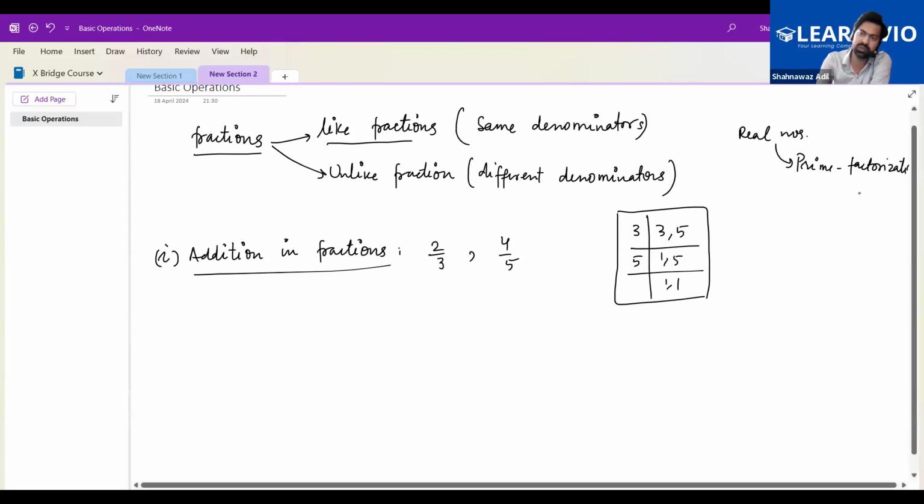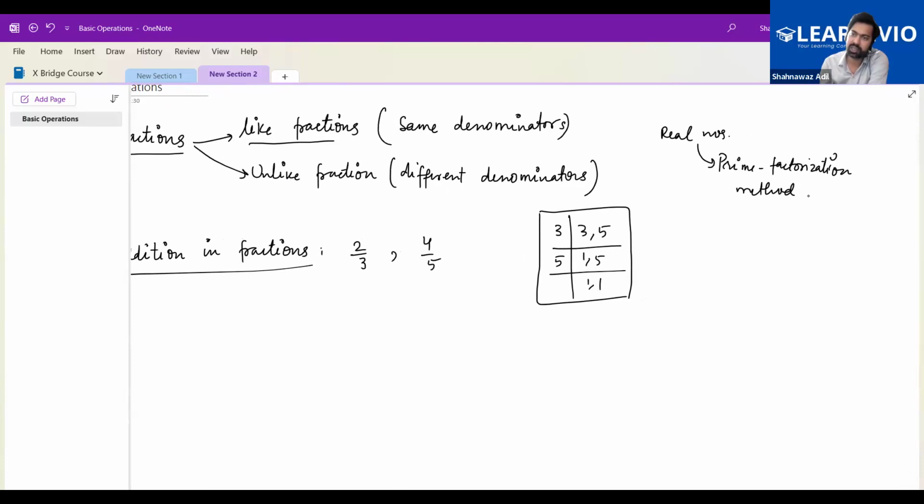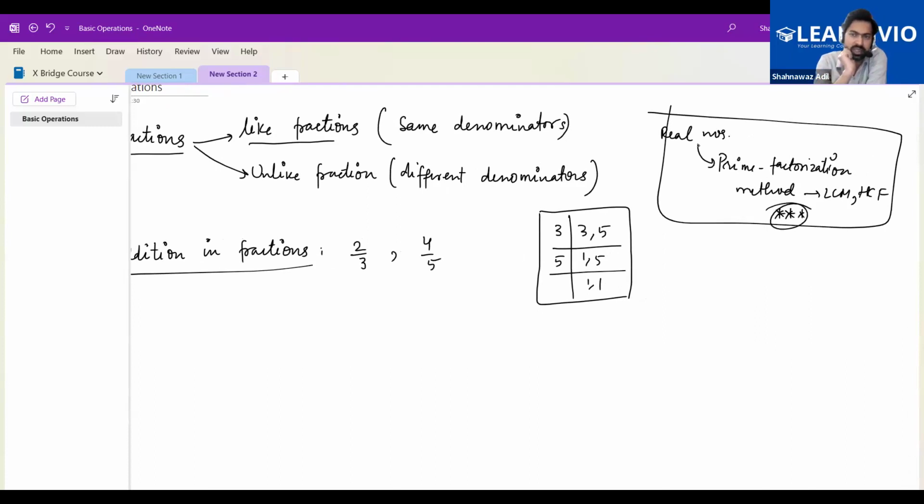You will require this to calculate the LCM and HCF of any two numbers or any three numbers, right? This is the most important part of the real numbers chapter. It is a very small chapter, and it will hardly take two to three classes.